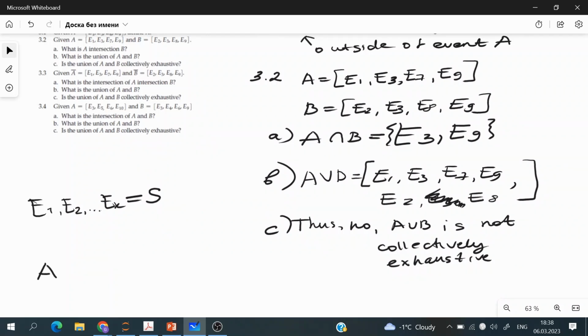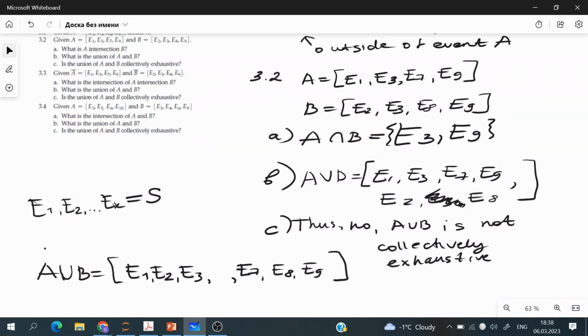So again, as I said, our union of A and B consists of the following elements: E3, we don't have E4, we have E7, E8, E9.